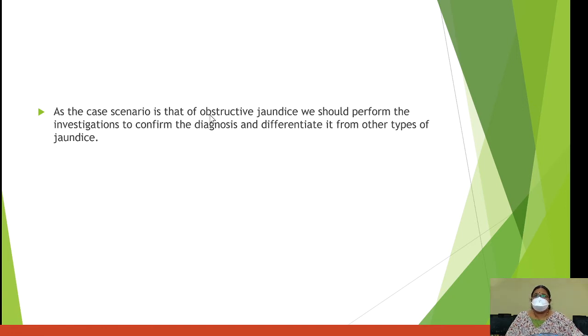So, the case scenario is that of obstructive jaundice with cholangitis. In biochemistry, we perform the investigations both in blood and urine to confirm the diagnosis and to differentiate it from other types of jaundice.